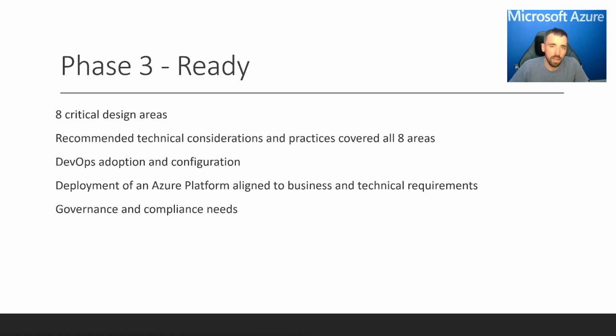These are 8 areas of different services, such as network, identity, Active Directory, security. I'm going to go more into the design areas on the next slide, but ultimately, in each of these areas, the Cloud Adoption Framework gives guidance, considerations, and recommended practices for how to configure these services for different scenarios.